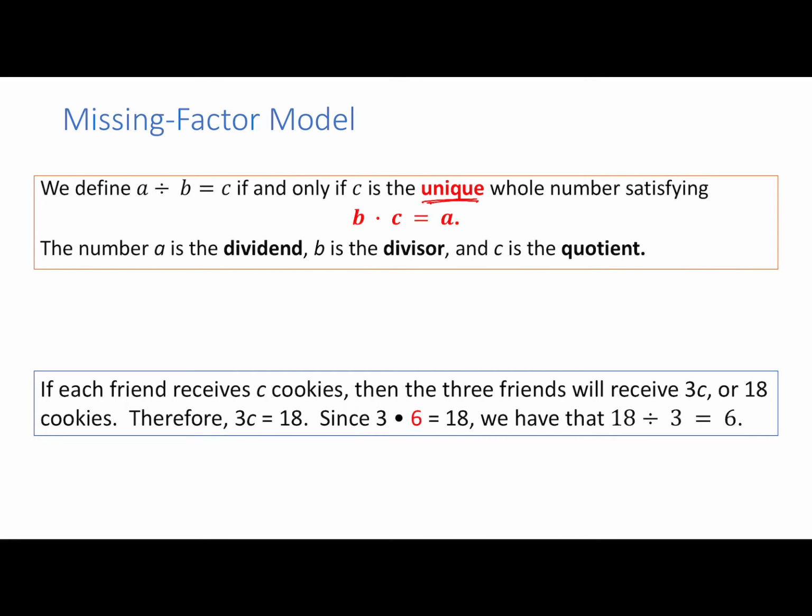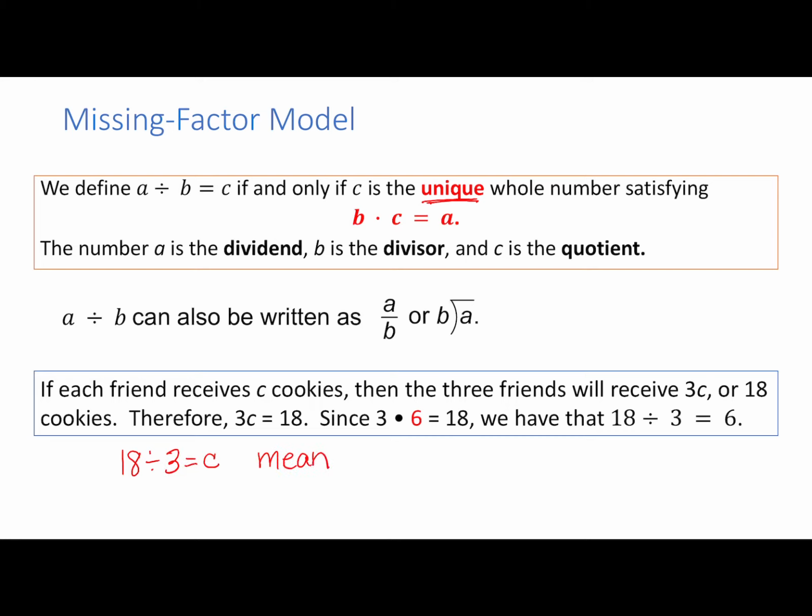Okay, so the missing factor model has us rewrite the problem as a multiplication problem. So again, in our example of the 18 cookies and we want to divide them among 3 friends, then that means each friend has to receive C cookies, right? So in total, the 3 friends will receive 3 times C cookies. And so we're going to rewrite 18 divided by 3 equals C as a multiplication problem.